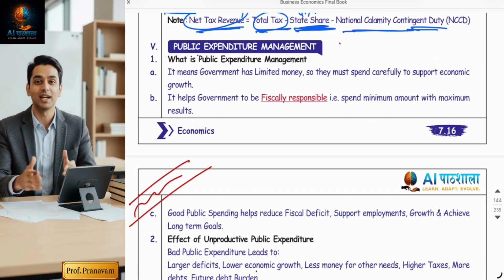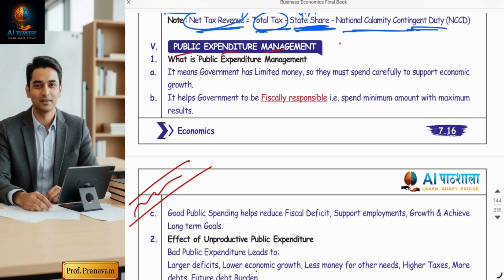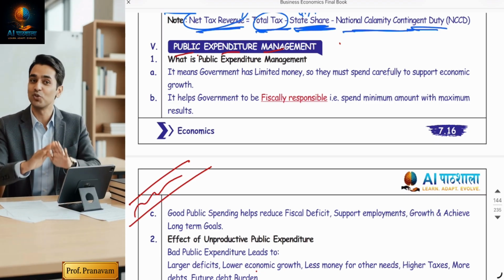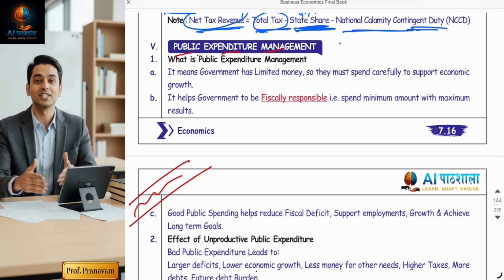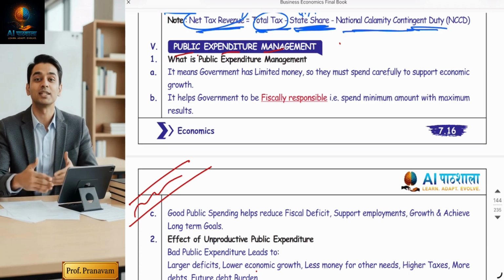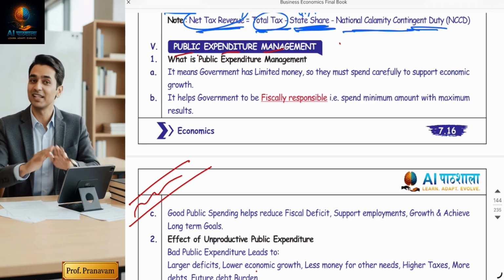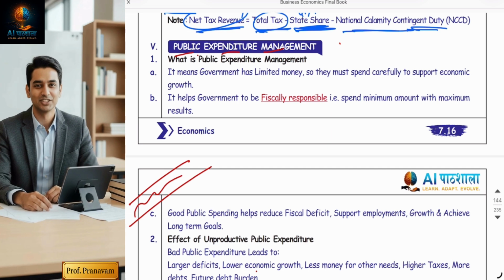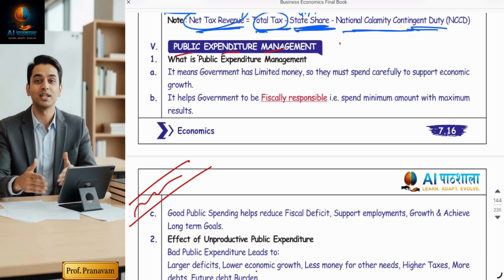Now understand public expenditure management. After revenue, expenditures. Managing the expenditures of the country is a very responsible and most important task. The reason being, the government is using funds of the public, and there is unlimited work to do while resources are limited.